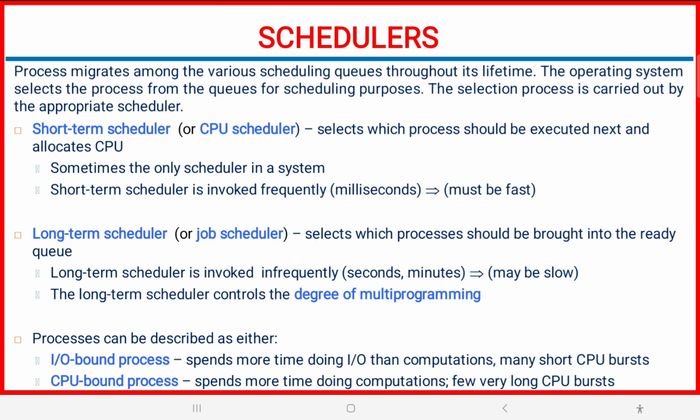In case of batch systems, the number of processes submitted to the system is more than can be executed immediately. So these processes cannot be transferred to the ready queue.